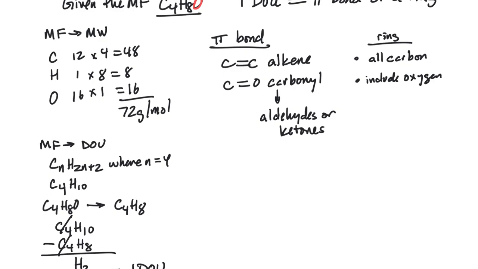So I'll start off by drawing some things, but I'll leave the rest for you, the viewer, to practice. So let's say we want to start with four carbon atoms in a linear arrangement. And we'll start initially with some pi bond considerations.